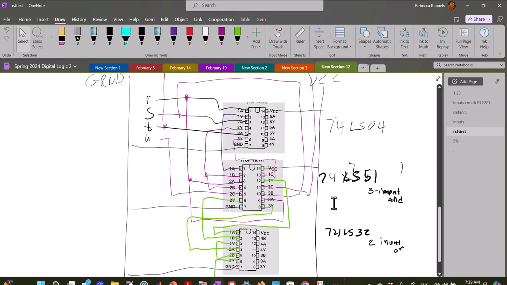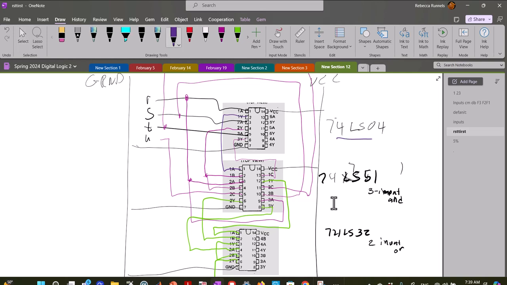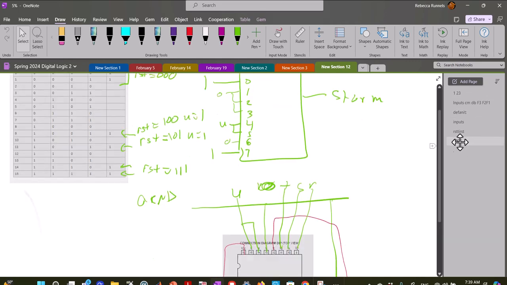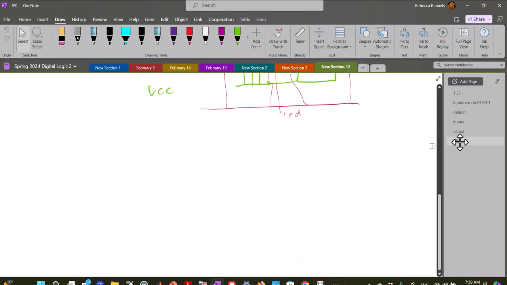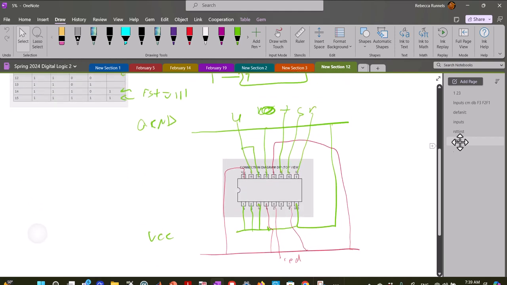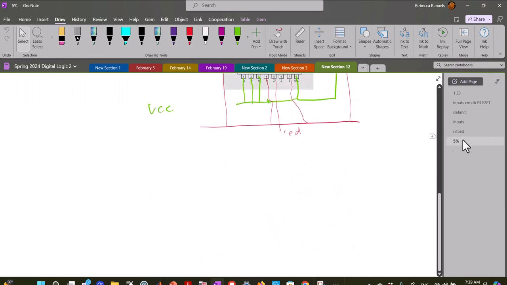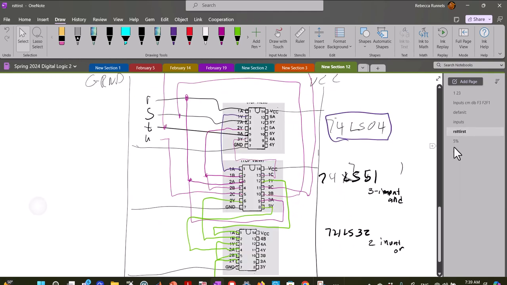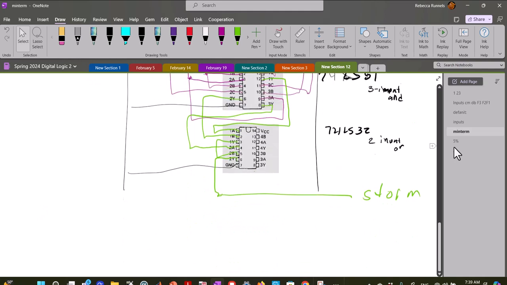The not is 1, 2, 3, 4. It's this one, 74LS04. 1, 2, 3. What happened to my page?